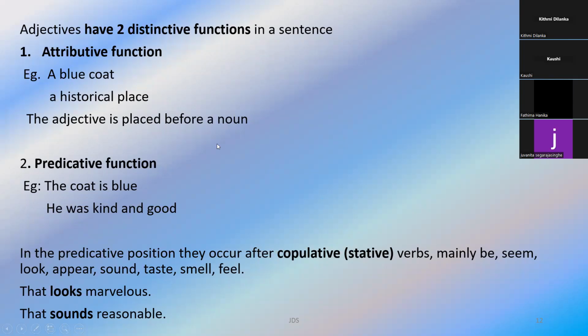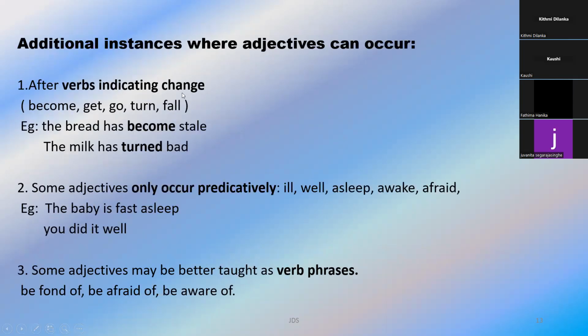Right? So those are the important things that you have to remember related to the functions of adjectives, the two functions they perform and where they need to be placed when they are performing these functions.